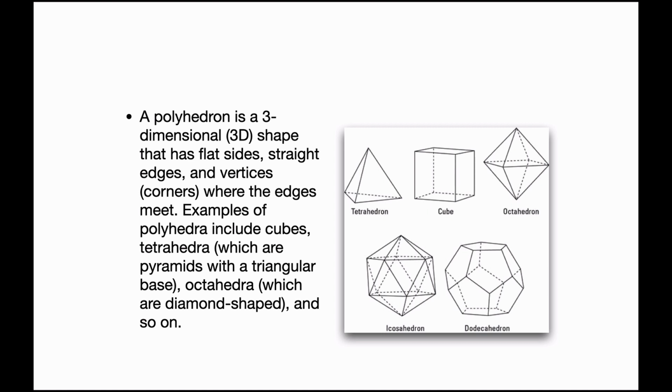A polyhedron is a 3-dimensional, 3D, shape that has flat sides, straight edges, and vertices, corners, where the edges meet. Examples of polyhedra include cubes, tetrahedra, which are pyramids with a triangular base, octahedra, which are diamond-shaped, and so on.